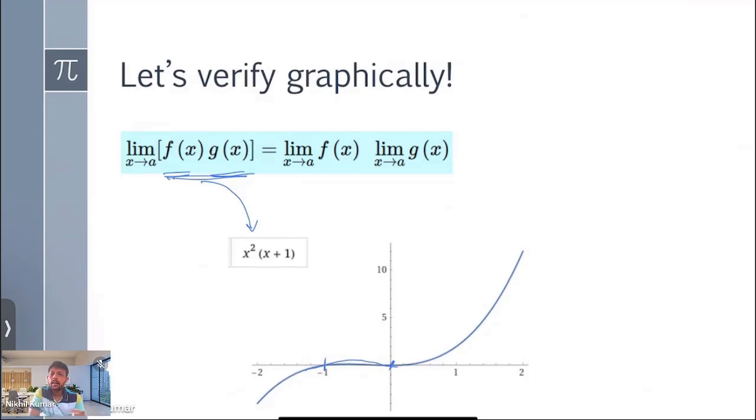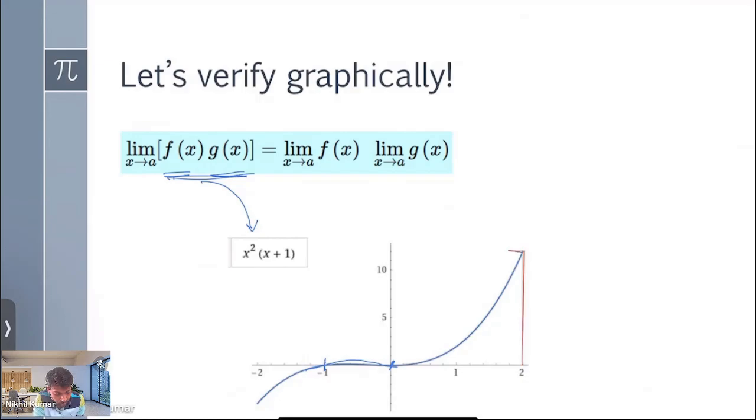Anyway, what is the limit this function approaches when x approaches 2? We have to find that. Let me draw a straight line from here till here and see what I am getting.